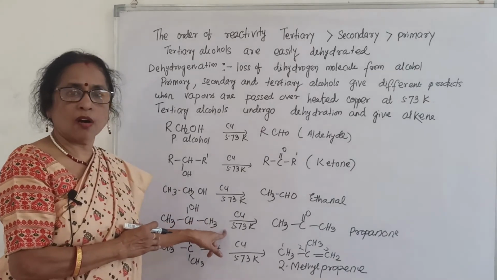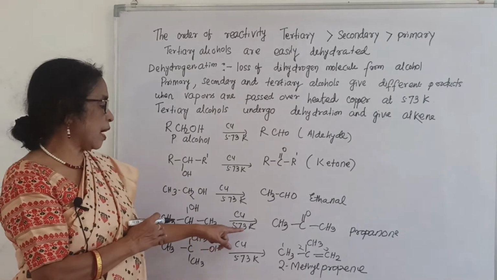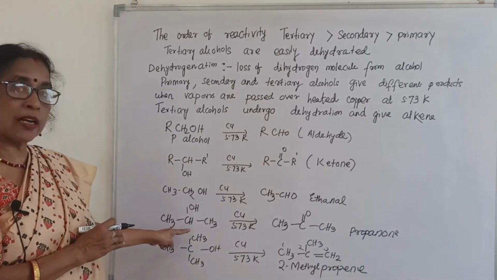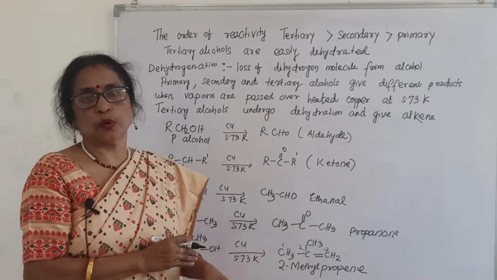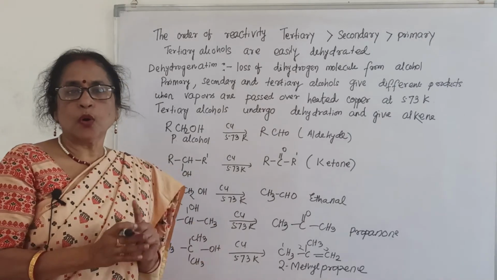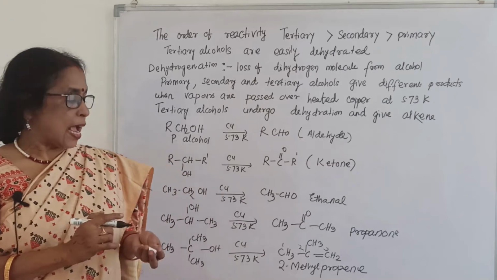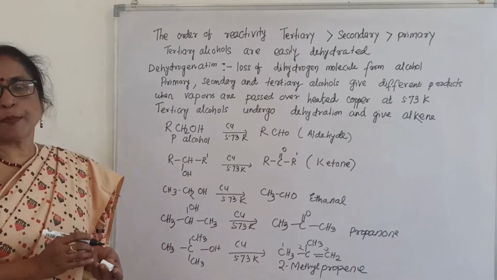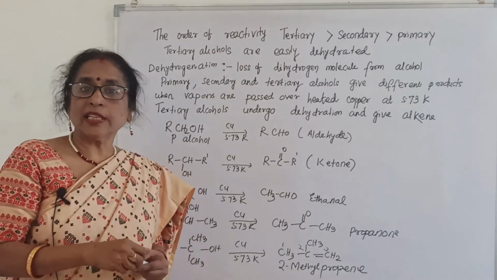Isopropyl alcohol passed over red hot copper at 573 gives ketone. Now a 3 carbon alcohol gives a 3 carbon ketone. What is that? Propanone. Prop means 3, and the -one ending means ketone, so propanone is the product. And tertiary alcohol, tertiary butyl alcohol, gives 2-methylpropene, because here hydrogen is not removed, here water is removed.